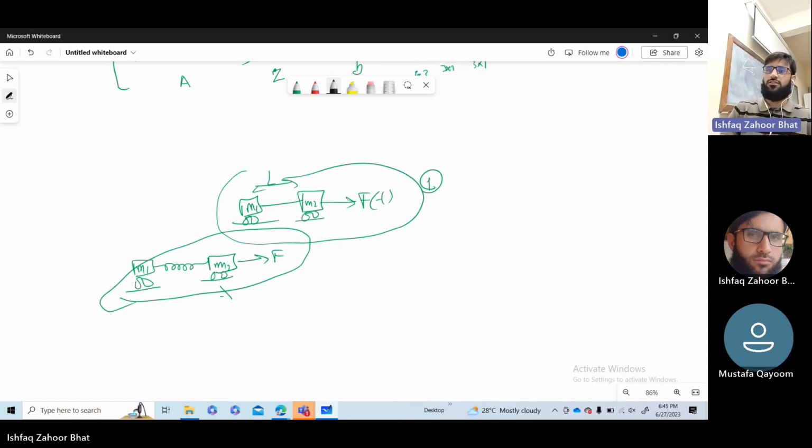How is problem first different from second? I want problem first to be solved through problem second. In problem second, the tension in the spring is a function of x, the separation between the two masses.